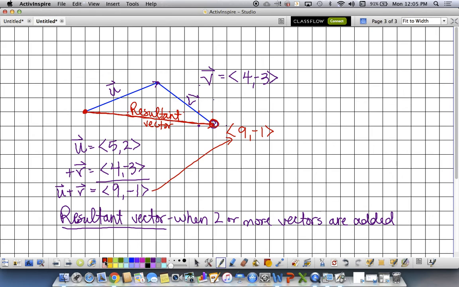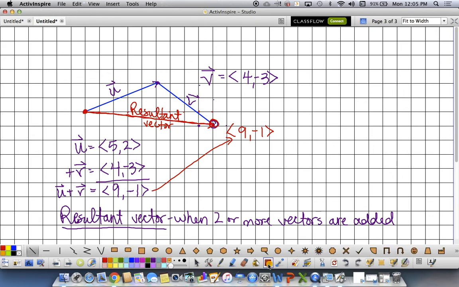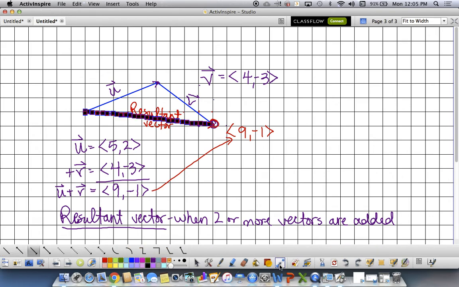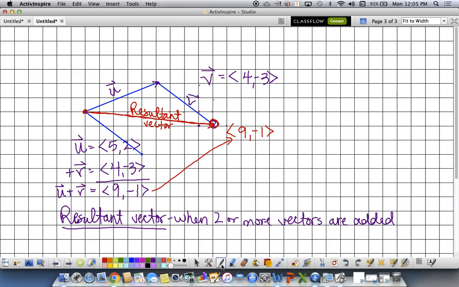Okay? So if I wanted to do that, I feel like I'm already getting a lot of stuff on my paper. But vector V would have to be across from vector V, over 4, down 3. This vector over here that I just put up is a 4, negative 3. It's the exact same.